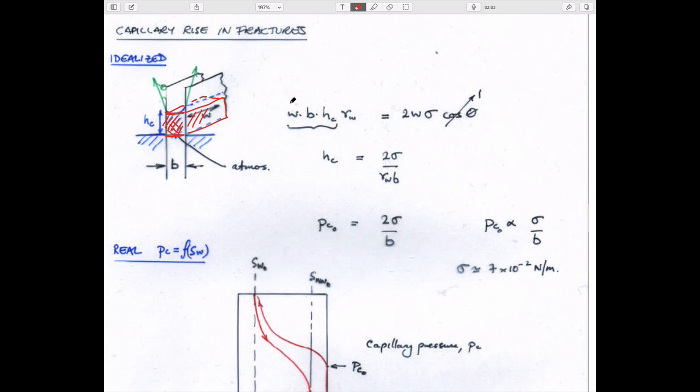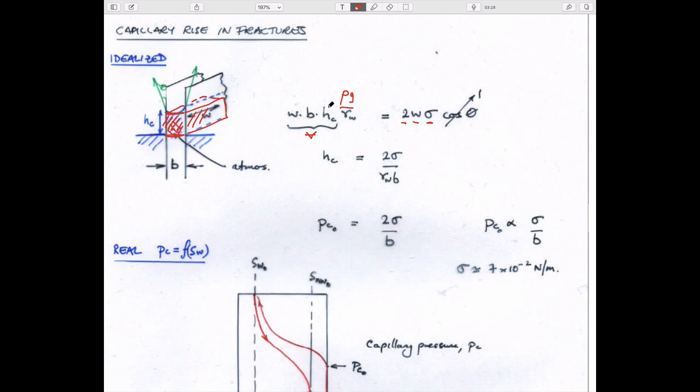So volume is here. So the width, the length of this, the aperture between them, which is B, and the height rise is the volume. This is the unit weight, which is rho g. And two sides of the fracture, the length of the fracture here, and the interfacial tension multiplied by probably 1, but something that's slightly different from that.